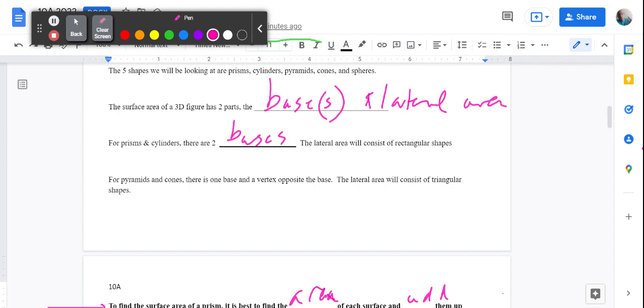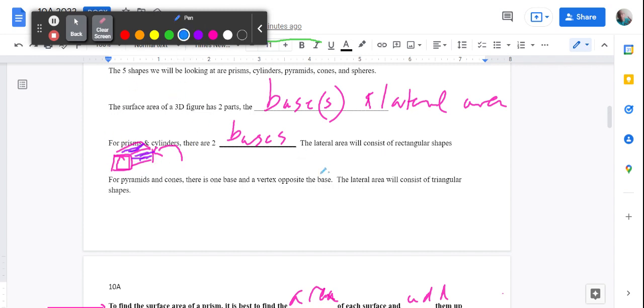Whether we have any kind of a prism, like if we have a square prism like this, and this square is the base and the square back here is the other base, all of this purple stuff right here, and back over here and underneath, it's rectangles. So basically in a prism, a rectangle is going to connect the base to another base.